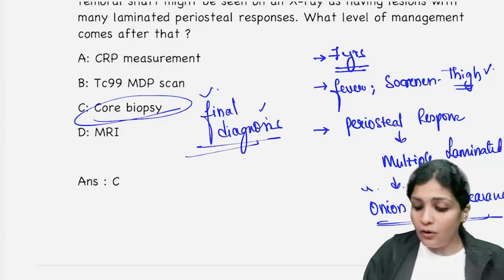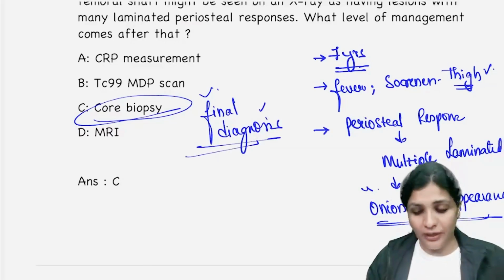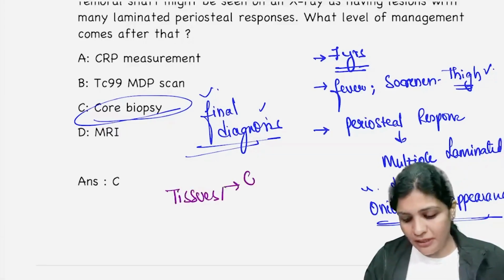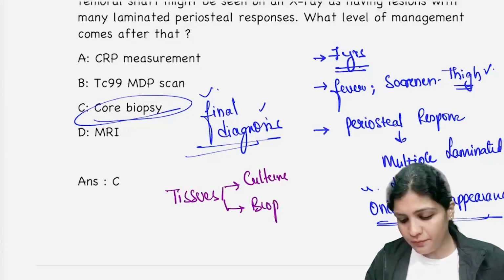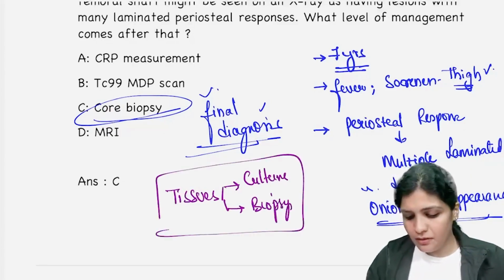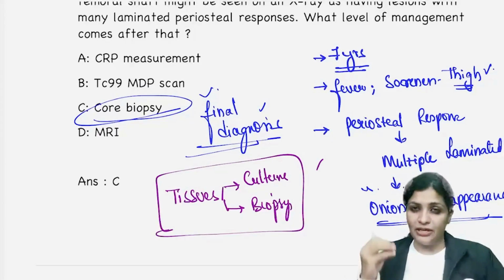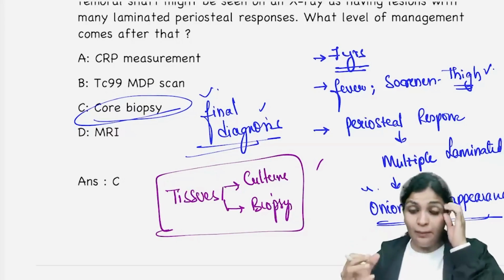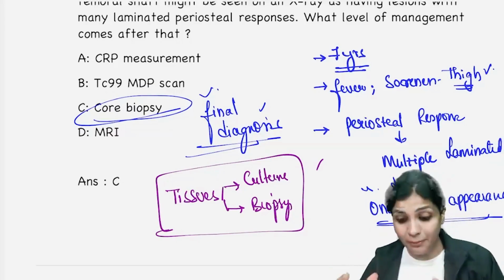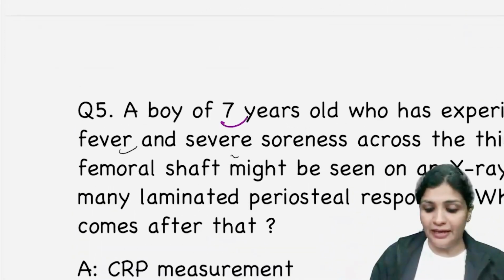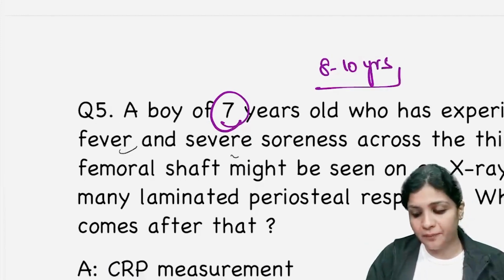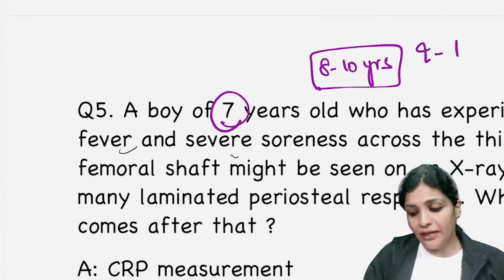That is why in orthopedics, all the tissues should be sent for culture and biopsy, right? All the biopsy things you have to send for culture also, and all the culture material you have to send for biopsy also, because infection and tumor sometimes mimic, especially in the age group of 8 to 10 years, or 4 to 10 years.